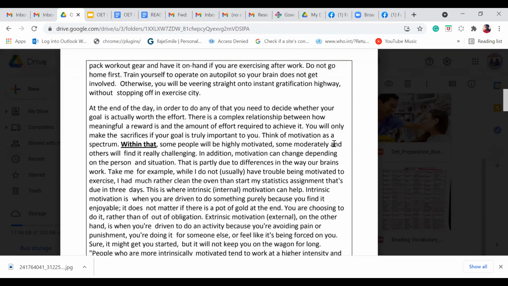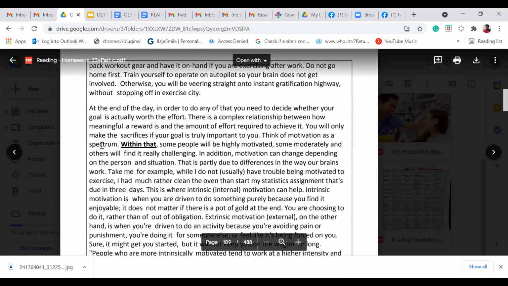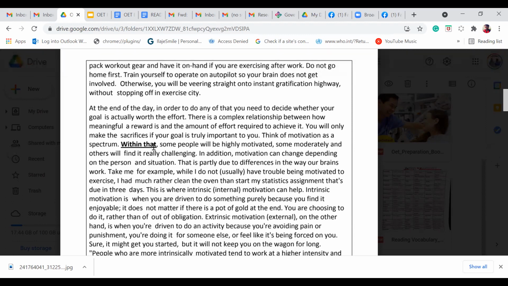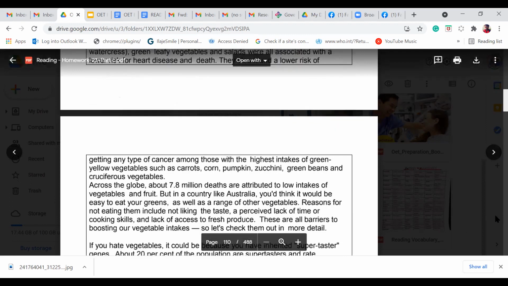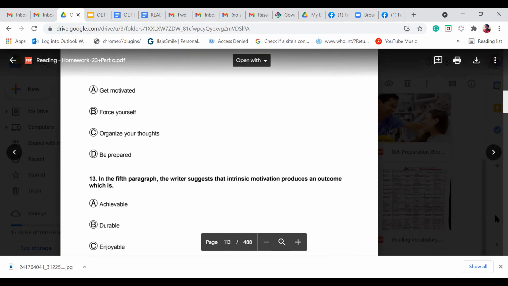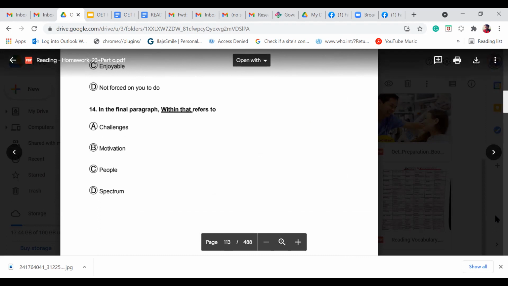So think of motivation as a spectrum. Within that, what? What is this within that talking about? So let's look at the options. Number 14. Is it referring to challenges, motivation, people, or spectrum?